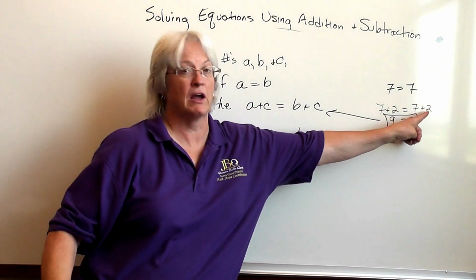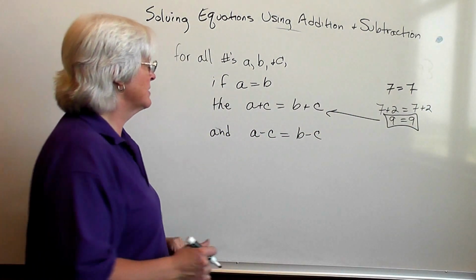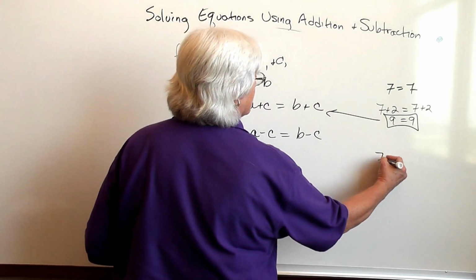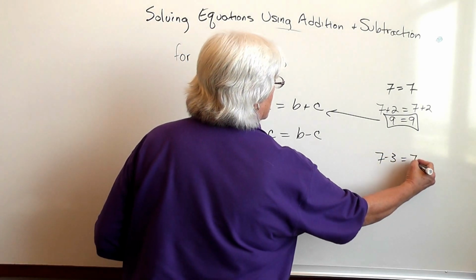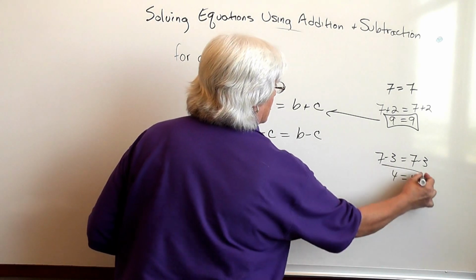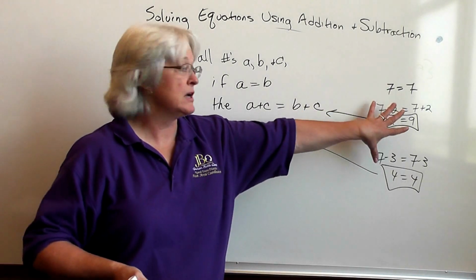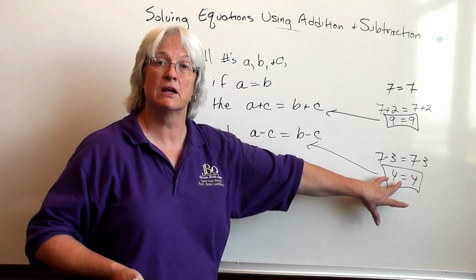You add the same value to both sides of the equation, it remains in balance. Same thing here. Let's say that we have 7 minus 3. We've subtracted the same value from both sides of the equation, and it's still the same.